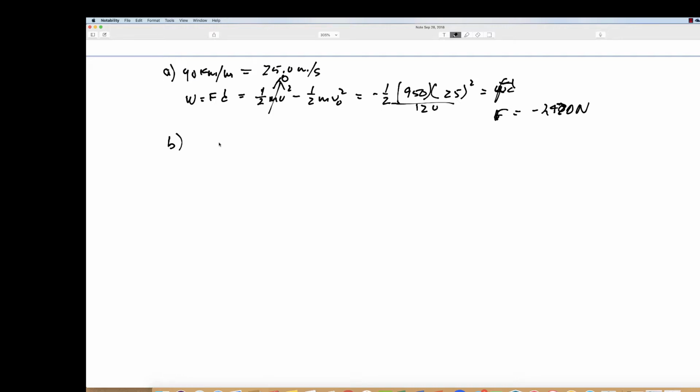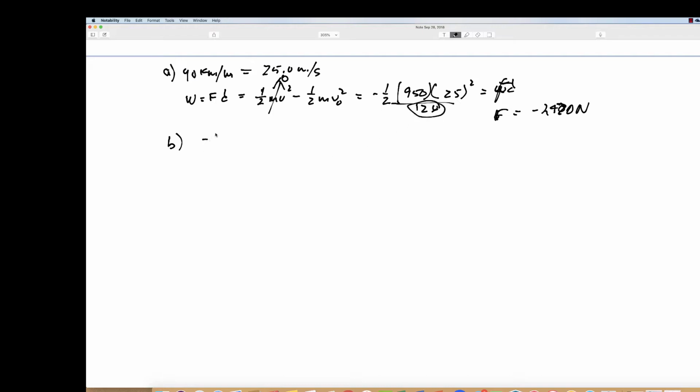So the second part of this problem is the same calculation. It just says that it hits a concrete abutment and goes from the speed to stop in 2 meters instead of 120 meters. Basically everything is the same except this number is now 2 meters.